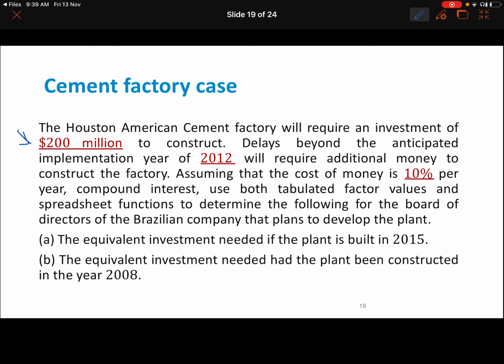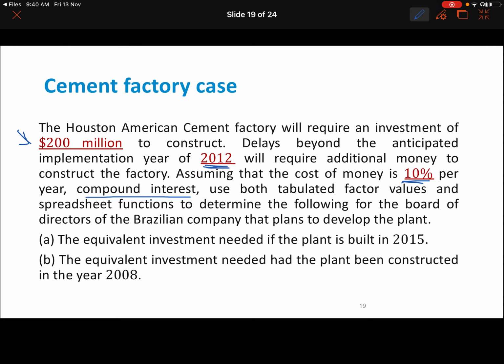Delays beyond the anticipated implementation year of 2012 will require additional money to construct. So if he delays it after 2012, it will need additional money to construct the factory. Assuming the cost of money is 10% per year, so this is the interest rate.